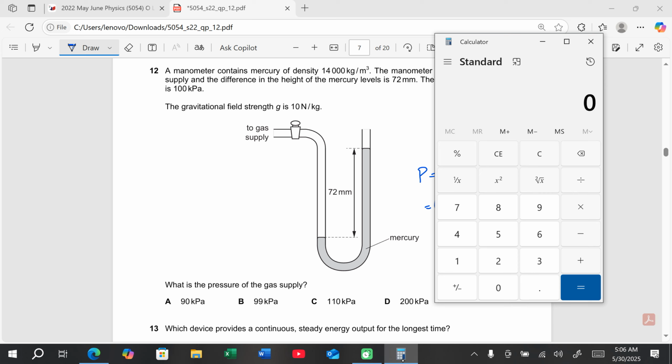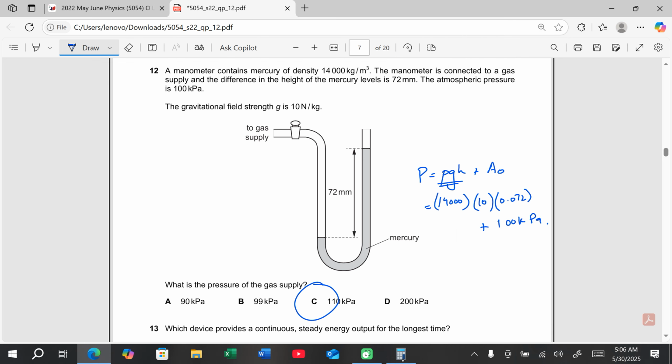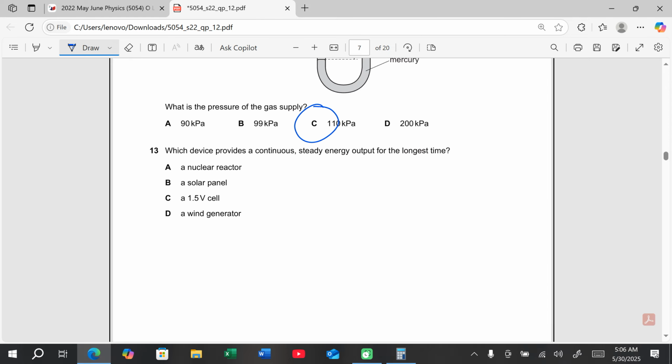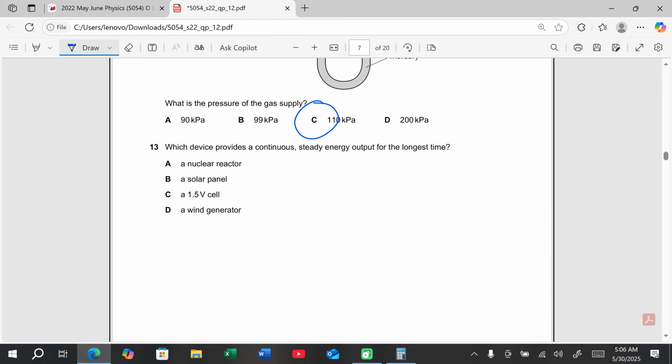This is 14,000 times 10 times 0.072, and you need to add 100,000 to it, so that is C.